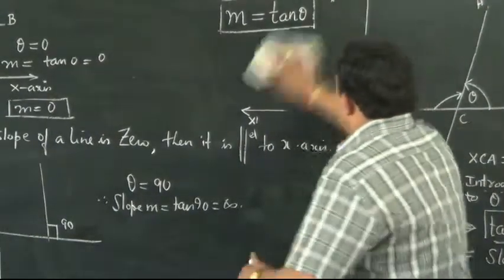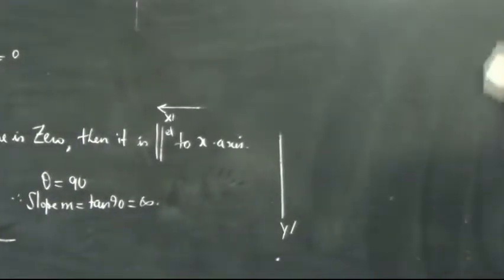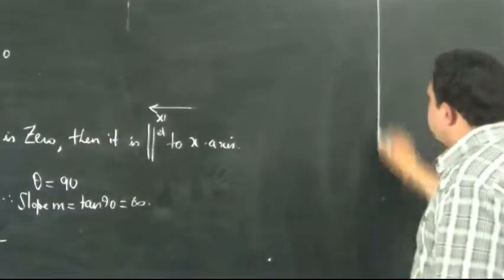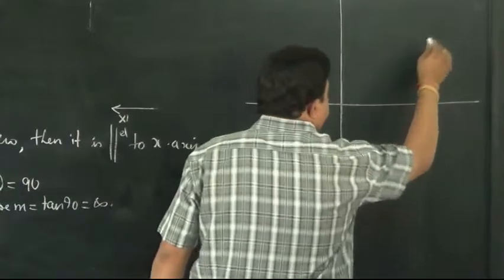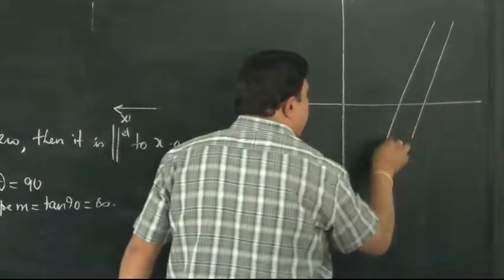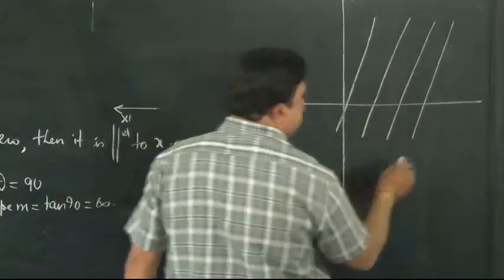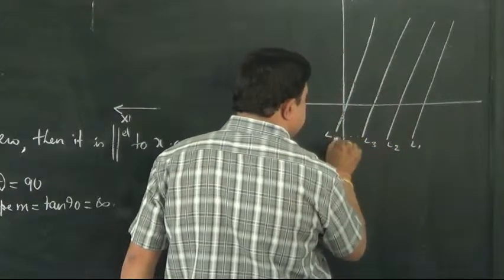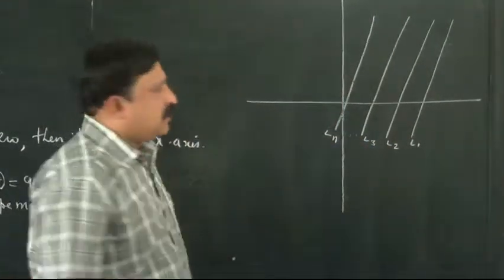Case number 3. Let us consider a system of lines which are parallel to one another. In the coordinate system, let's have some lines, say line 1, line 2, line 3, line 4, etc., and n number of lines. This is L1, L2, L3, etc., Ln. All these lines are parallel to one another.